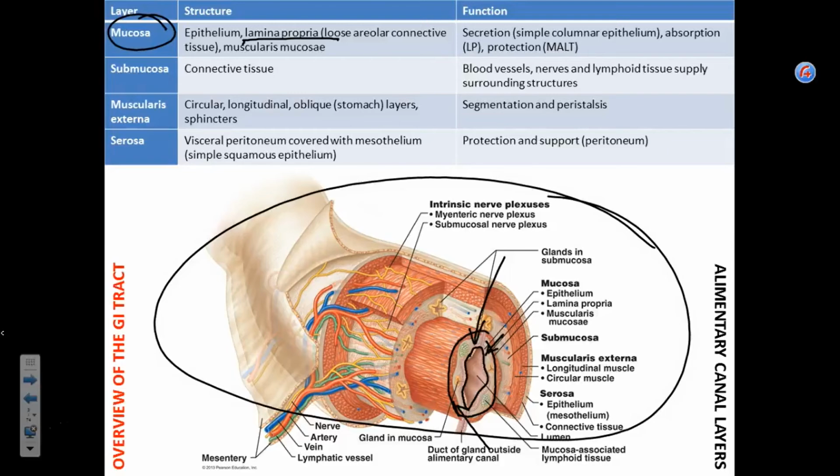The main function of mucosal layers, you can imagine, is secretion of mucus. And not only mucus. Some digestive juices are produced in glands in the epithelium. And of course, epithelium is extremely important for absorption. Does that make sense?